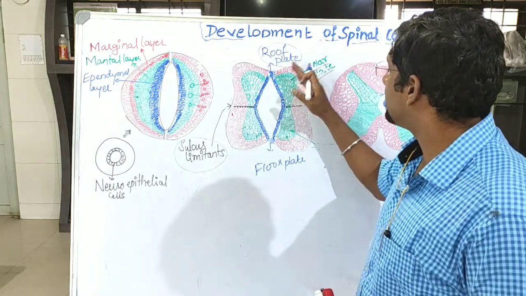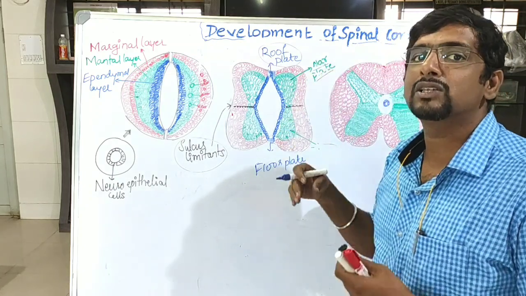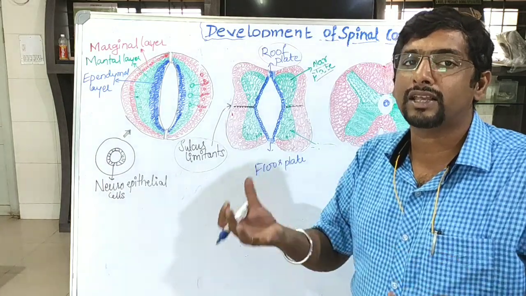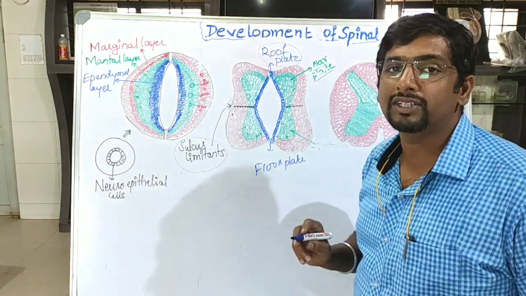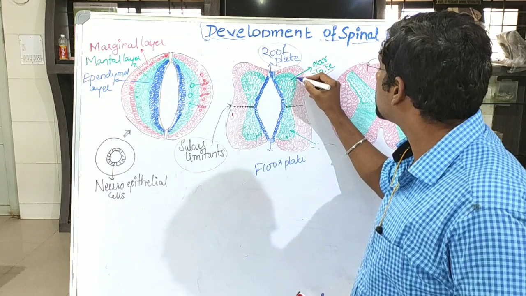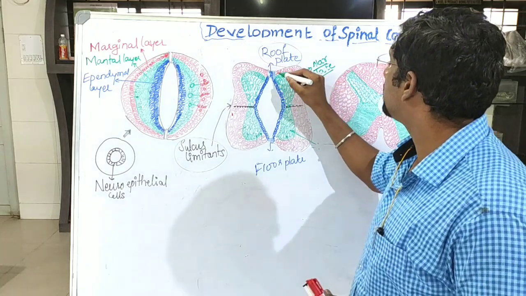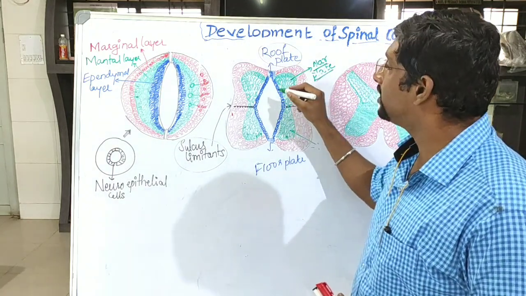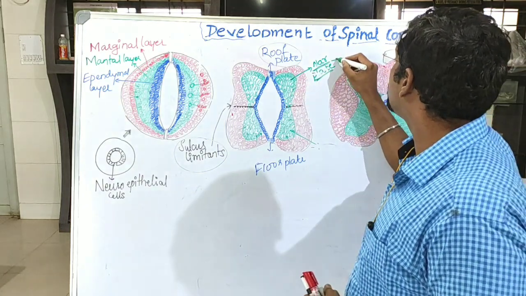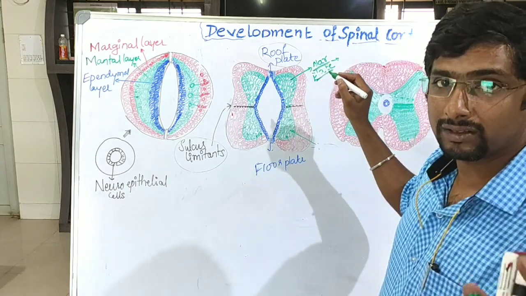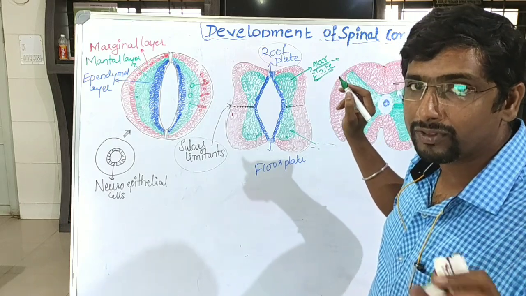Okay, on the dorsolateral side and ventrolateral side of this mantle layer, the neurons are going to proliferate and increase their numbers, and they will have a dorsolateral elevation and a ventrolateral elevation. The dorsolateral elevation of the mantle layer is called the alar plate, which is going to develop the sensory part of the gray horn of the spinal cord.